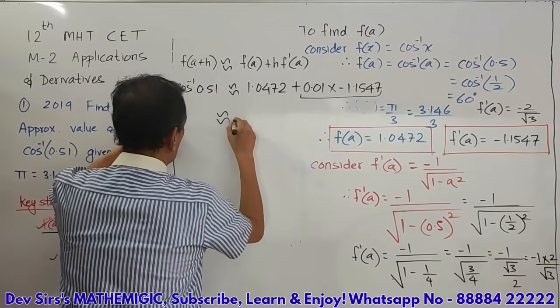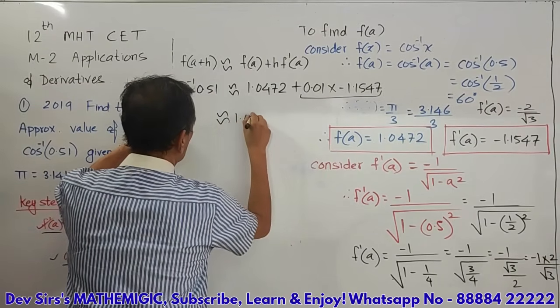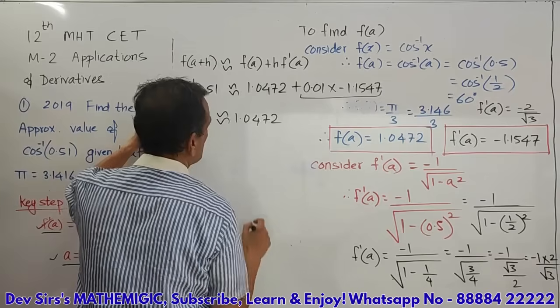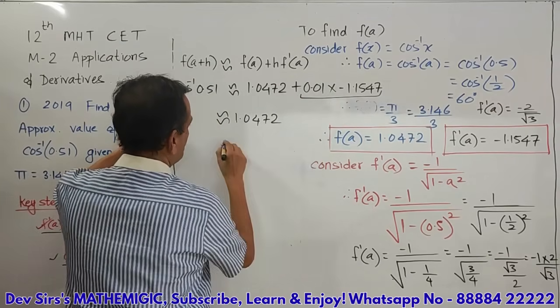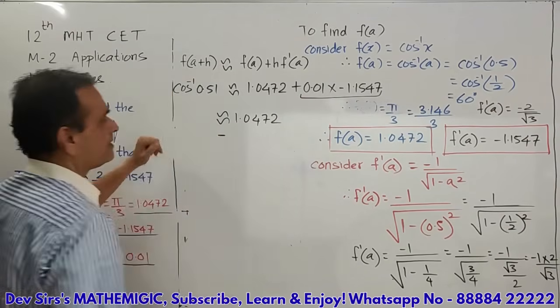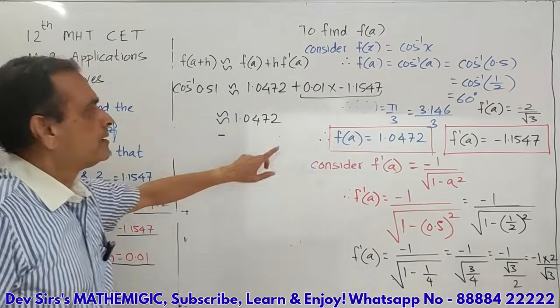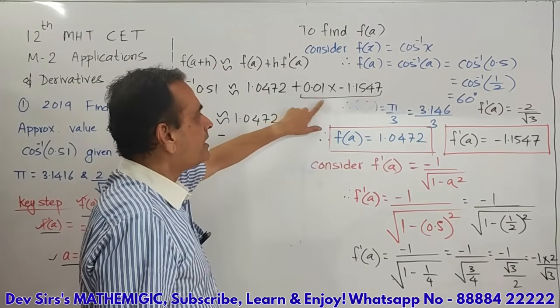So 1.0472 plus of minus is minus 0.01 means 1 upon 100.